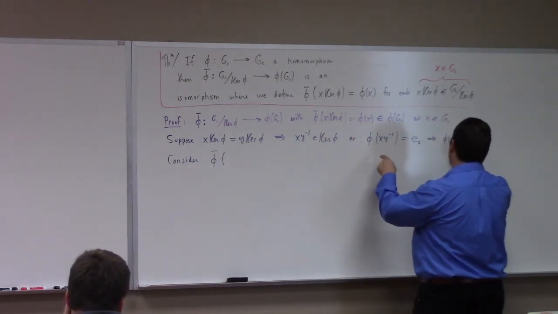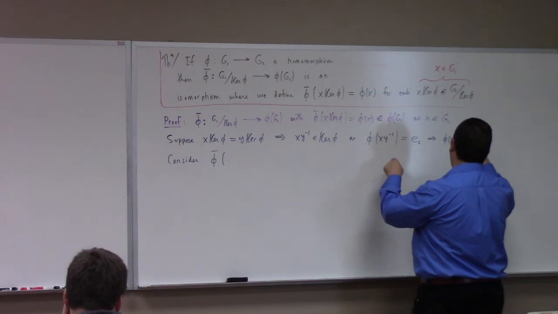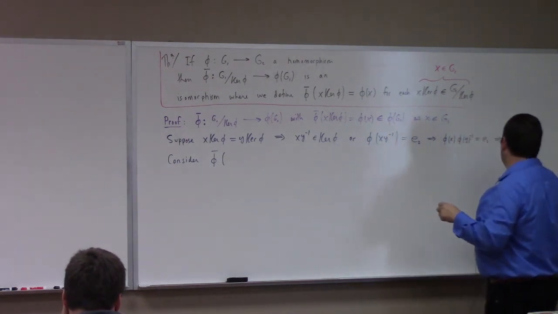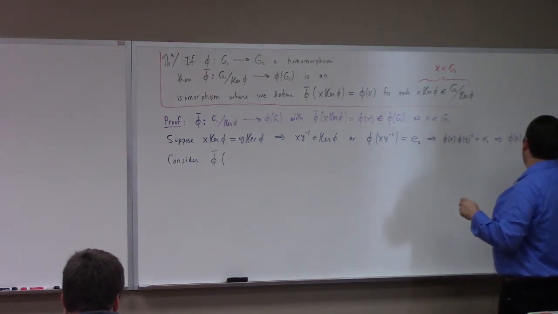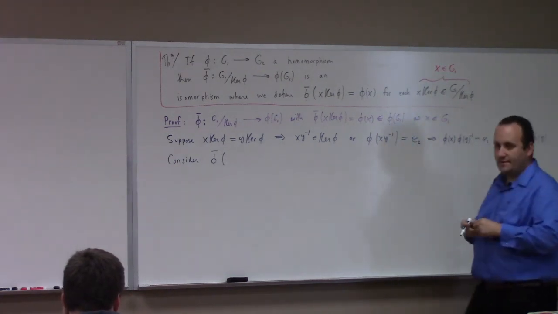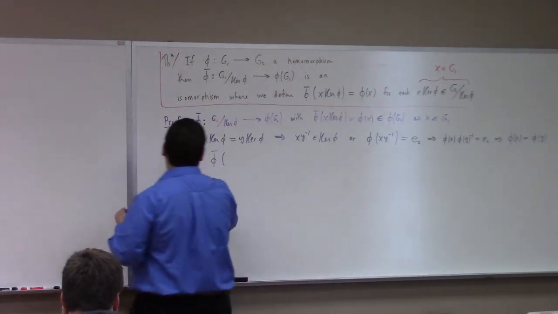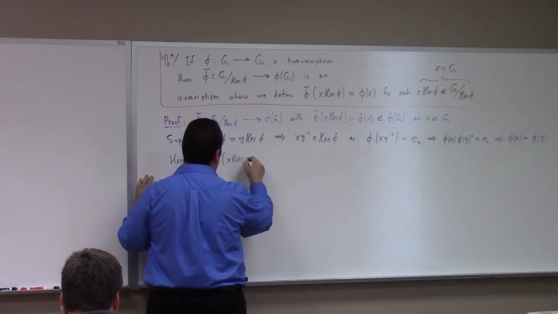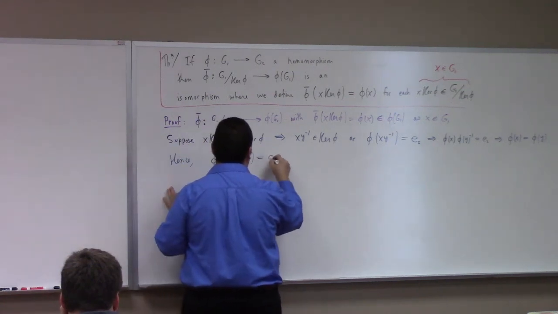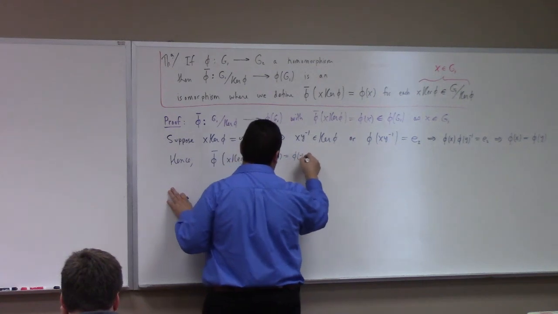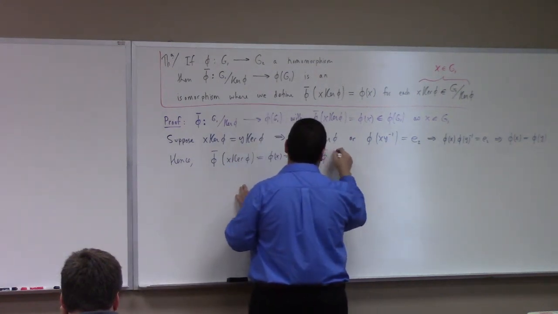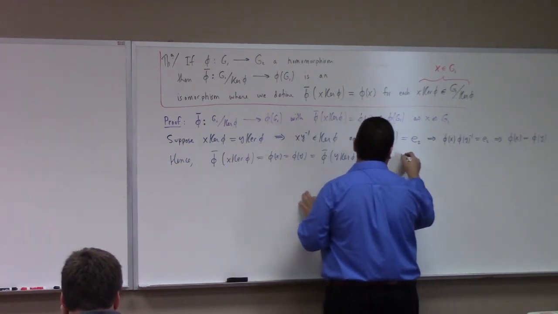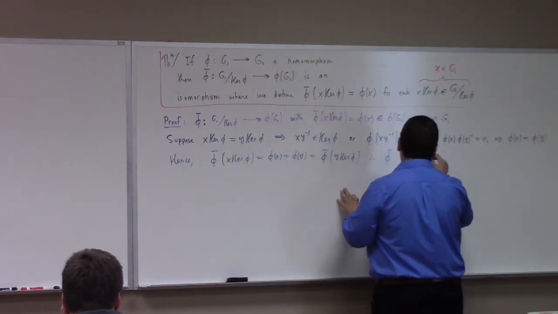This means phi of x times phi of y inverse is equal to E2, or phi of x is equal to phi of y. Hence phi bar of x kernel phi is equal to phi of x, which is equal to phi of y, which is equal to phi bar of y kernel phi. Therefore, phi bar is single valued.